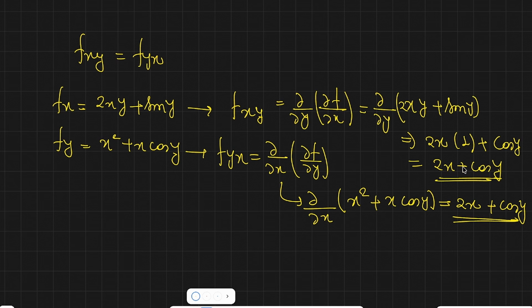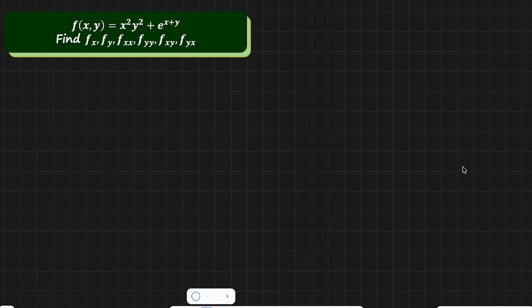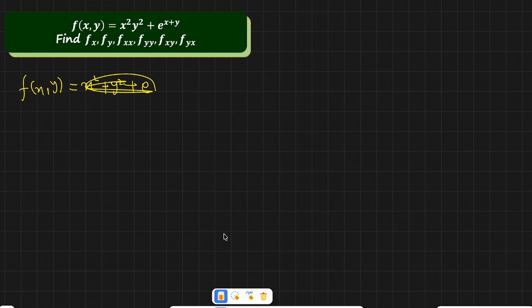Okay, now come to the next question. See this question. In this case, we will also see how to find all the partial derivatives. So f of x comma y is equal to x square minus y square.